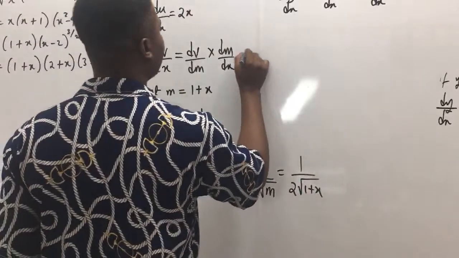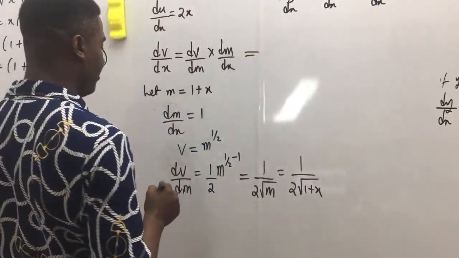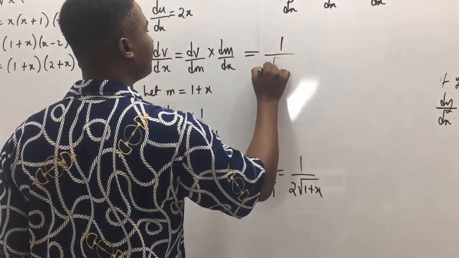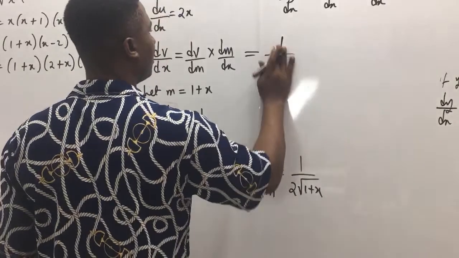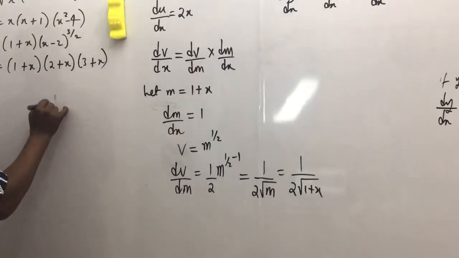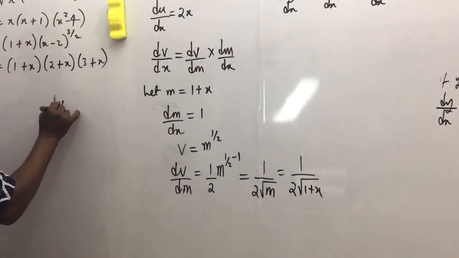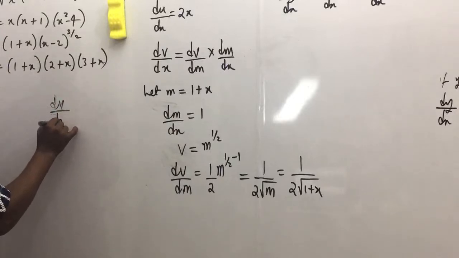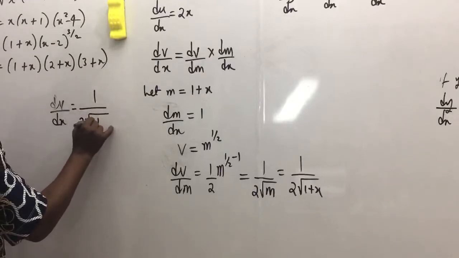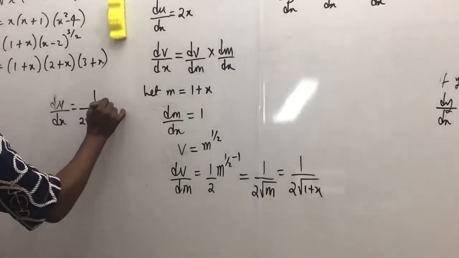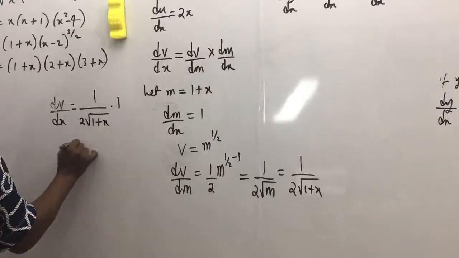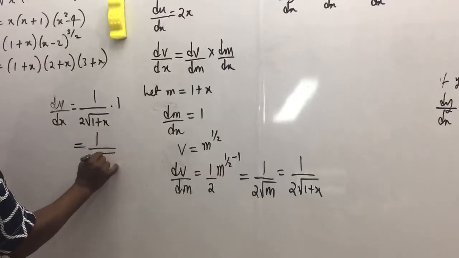So dv/dx will give us 1 over 2 square root of 1 plus x times dm/dx, which is 1. And that reduces to 1 over 2 square root of 1 plus x.